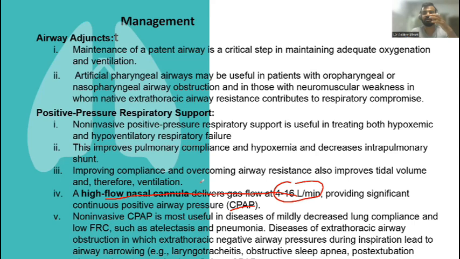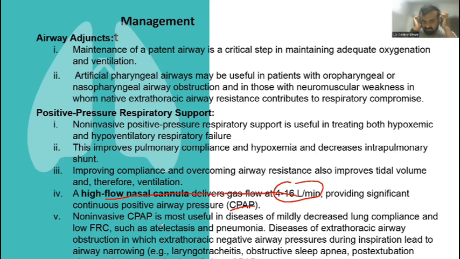After you give the INSURE technique, you give surfactant, and after that you can extubate the patient to CPAP. And what does this CPAP do? This CPAP provides a continuous amount of positive pressure, which does not allow the trachea or the bronchus to collapse during expiration. In inspiration, when the flow is high, it expands, and in expiration, it might collapse.